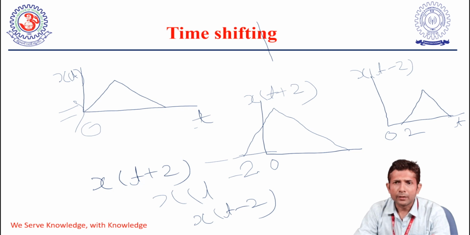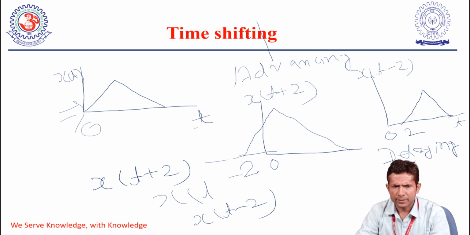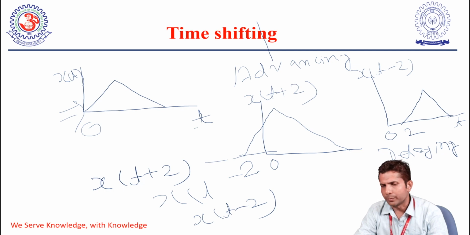Delaying means we are shifting the signal to the right-hand side of the y-axis, by 2 units. We can see both types of signal here. This is called advancing, and this is called delaying. So shifting can be either advancing or delaying, based upon whether you use plus or minus. So this is all about time shifting.